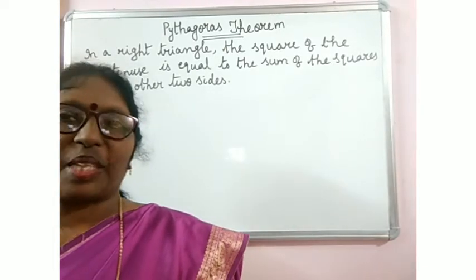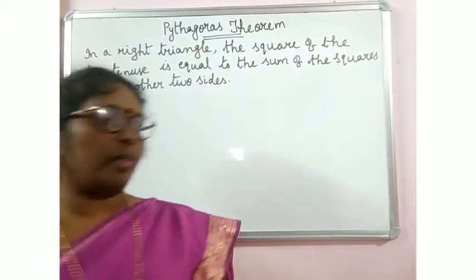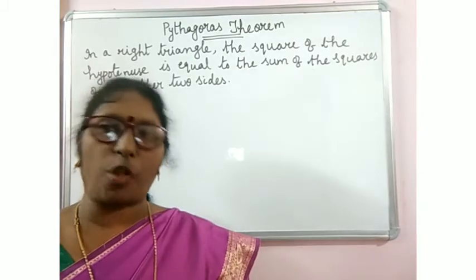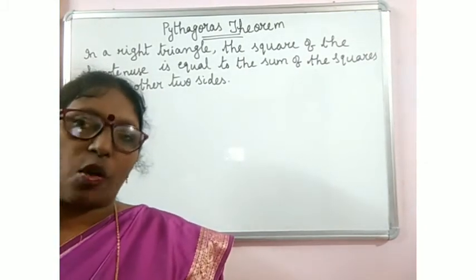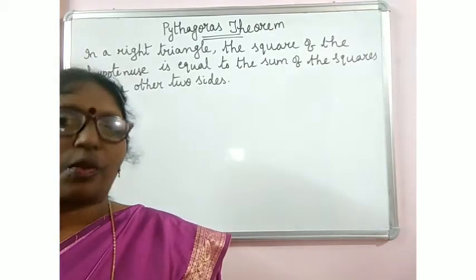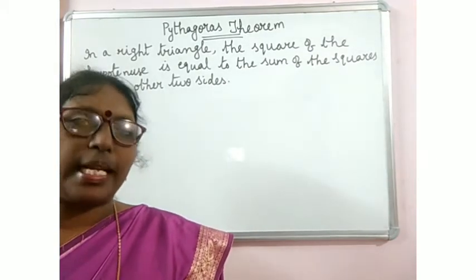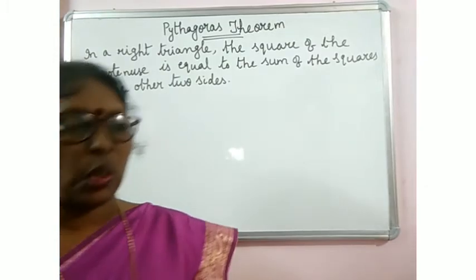Hello, welcome. Today let us have the class on the chapter Pythagoras theorem, and let me explain what the Pythagoras theorem is and what the formula related to it is.